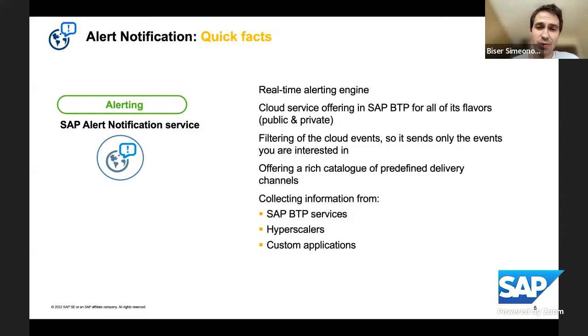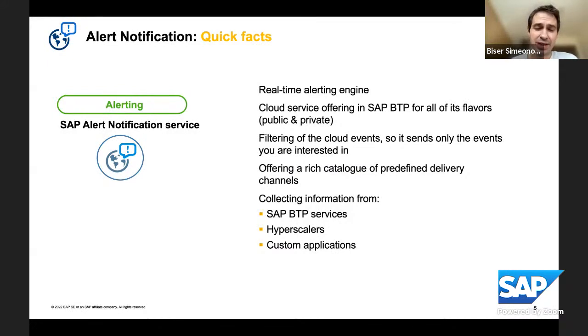The main capability within the Alert Notification Service is that we provide a UI, so you can filter out the events which are interesting for you, because we might be receiving hundreds or even thousands of different events. So we really need to focus on the ones which are important.